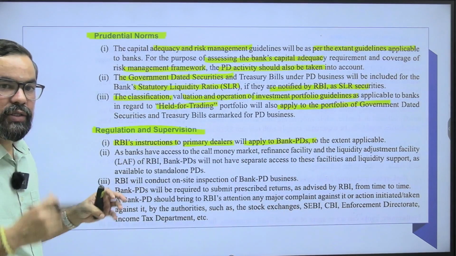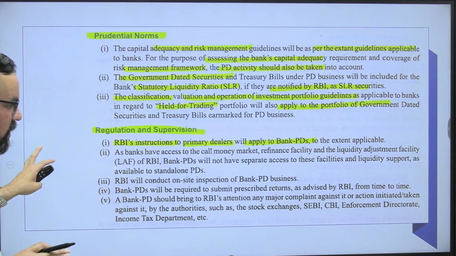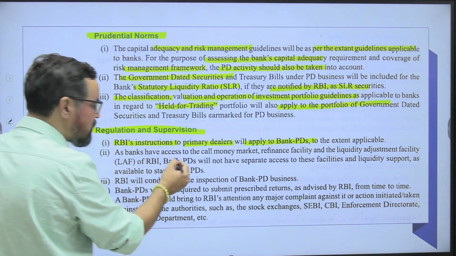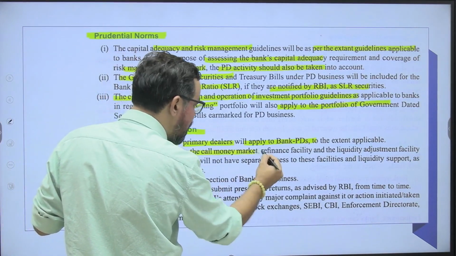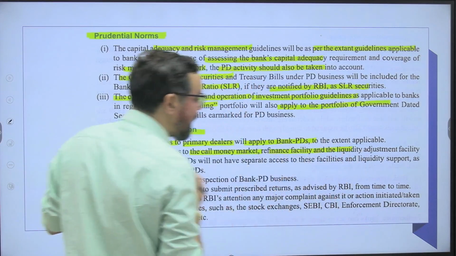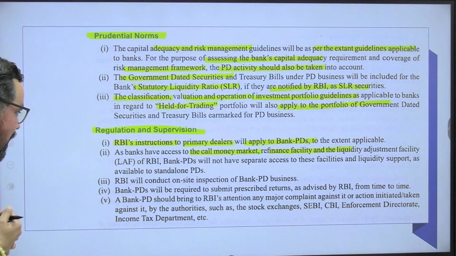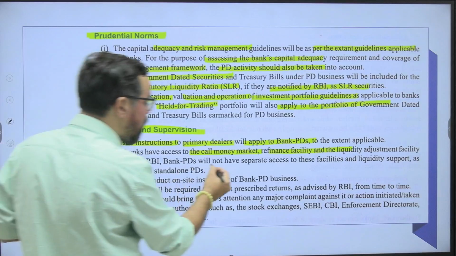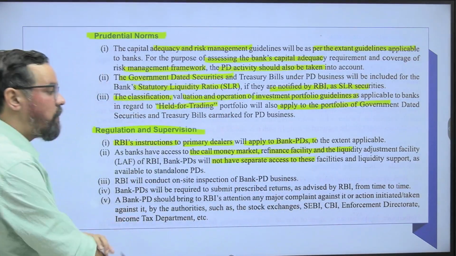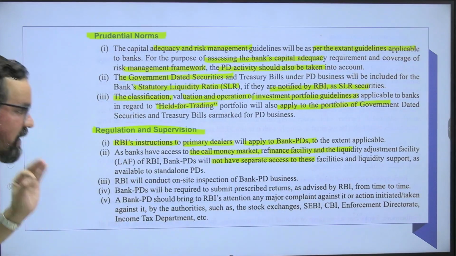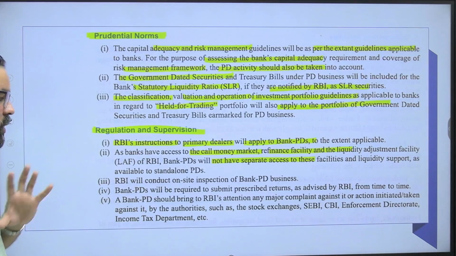So जो bank PDs होंगे, RBI regulation will be applicable in this case. A bank has access to call money market, refinance facility and liquidity adjustment facility LAF of RBI. Bank PD will not have separate access to these facilities and the liquidity support available to standalone PDs.